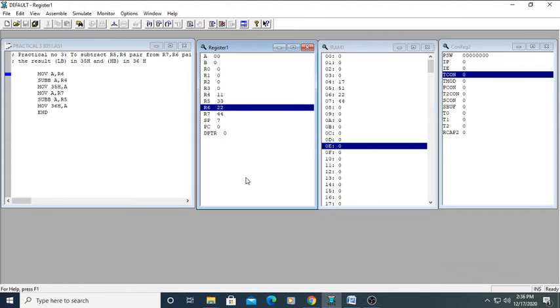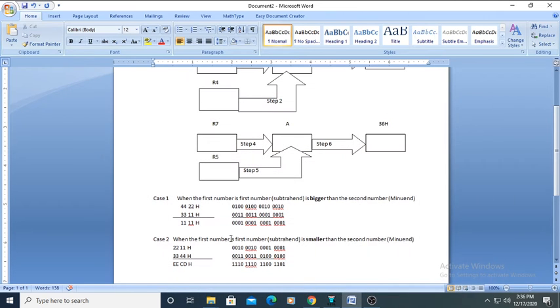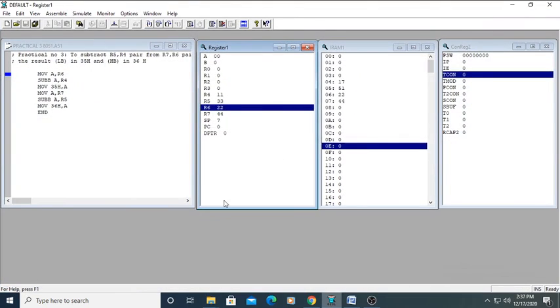We are going to subtract 33, 11. So that was the first example, case 1, 42, 22, 33, 11. We are subtracting and we get 1, 1, 1, 1. So let's see. So 22 is moved from R6, and 11 is subtracted.